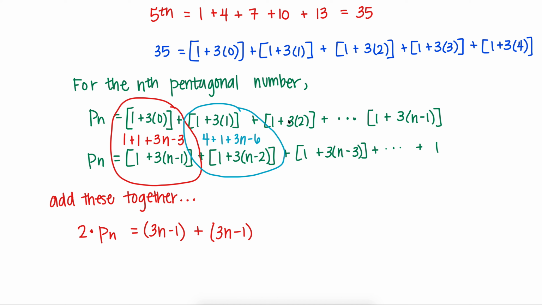It turns out each pair that we add is going to equal 3n minus 1. So I have n of these 3n minus 1s.